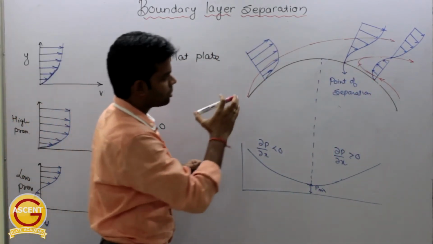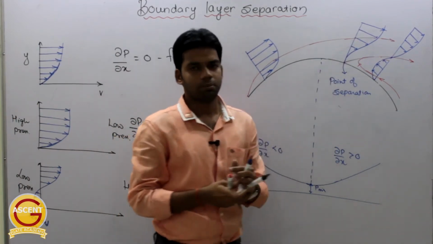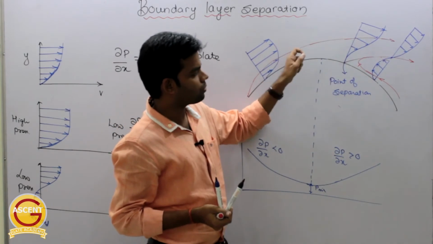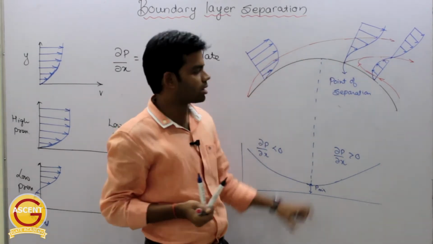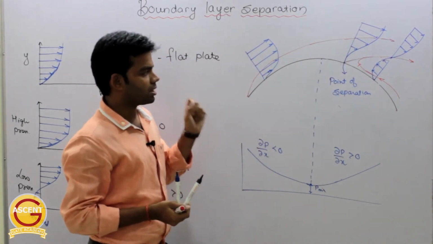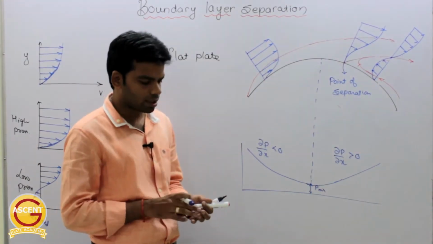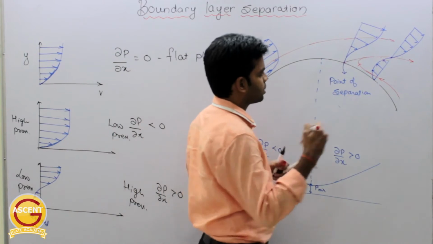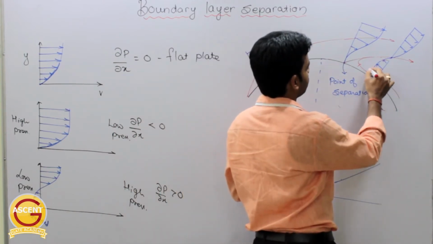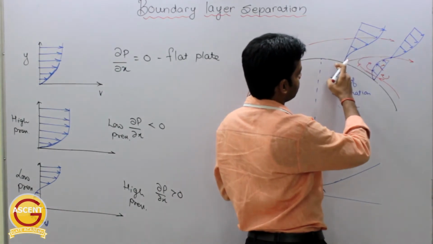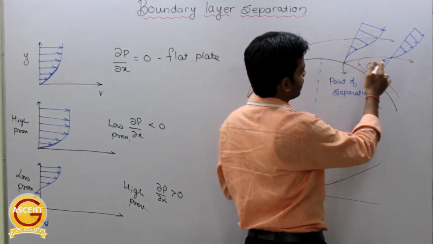Okay, so this phenomenon is nothing but boundary layer separation, and the point from where this separation occurs is called the point of separation. Getting this now? Okay, so what will be the impact of this boundary layer separation? Because of this boundary layer separation, eddies will be developed. At this particular point the boundary layer left the surface, and we are getting another boundary layer.